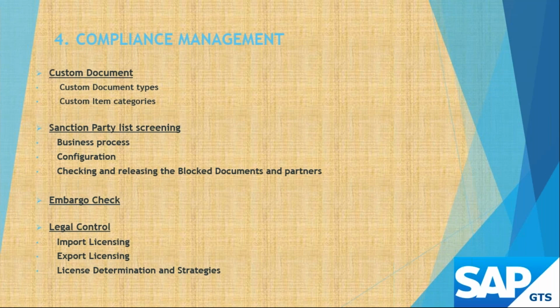Those lists have to be updated in the GTS system, so that it can do the compliance check. If the customer, the vendor, or the business partner is among the list of denied parties, it will block the orders.